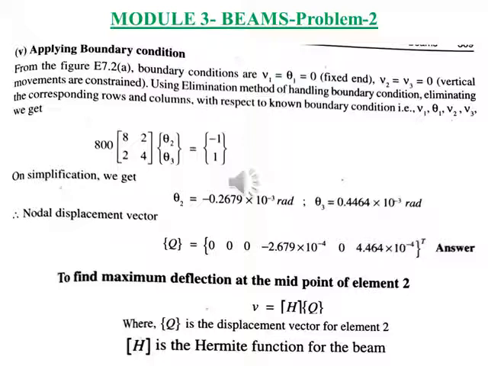Next, to find the maximum deflection at the midpoint of element 2. So mu is equal to h into q, where h is the Hermite shape function and q is the displacement vector for element 2. So this we will solve and get the values in the next slide.